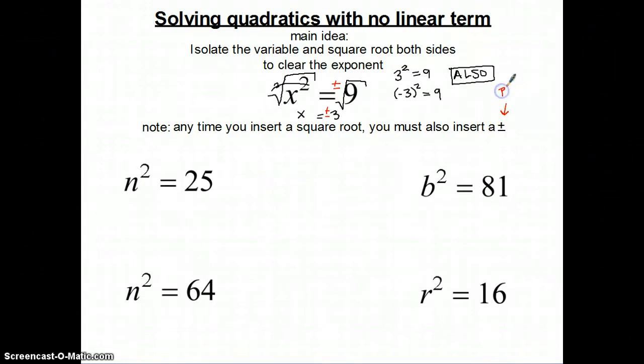This symbol simply shortens plus or minus. So what this means is that x may be +3 or x may be -3.